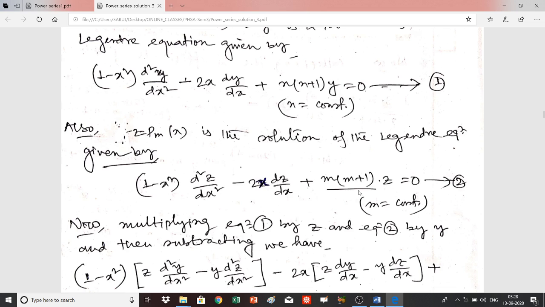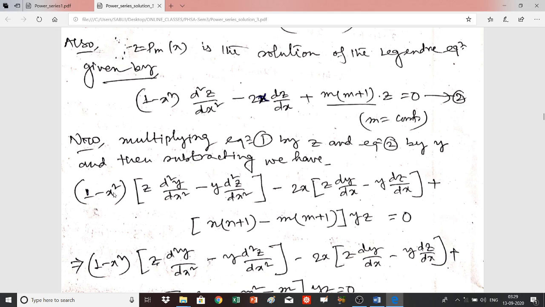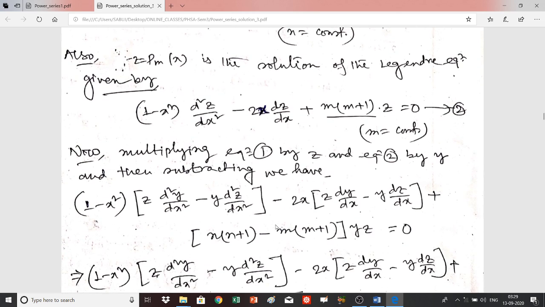Now substitute: subtract the second equation, multiplied by y, from the first, multiplied by z. The common term is 1 minus x squared, multiplying z d2y/dx squared minus y d2z/dx squared. Then minus 2x is common, multiplying z dy/dx minus y dz/dx, plus n(n plus 1) minus m(m plus 1) times yz, equal to 0.